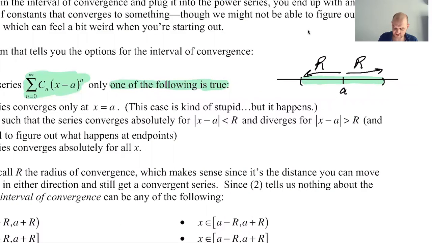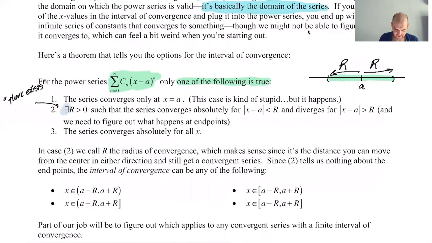Let's say this is 0 and this is 10. You can go from -10 to 10. So if you take -9, plug it in, you're going to get a series that converges absolutely. If you take 8 and plug it in, you'll get a series that converges absolutely. If you take 13 and plug it in, it will be a divergent series, guaranteed.